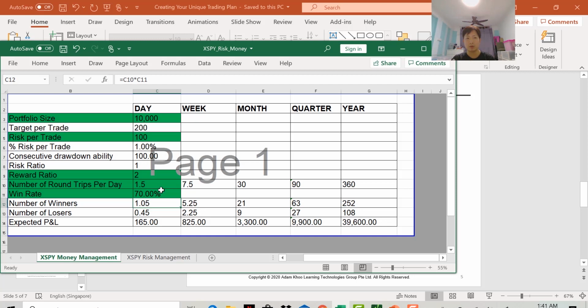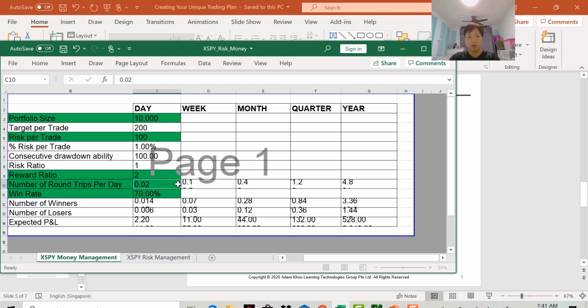I used to look at this when I'm doing my own trading. These are the parameters that I use even for investment, right? Let's say you're investing in 4 stocks a year. For example, let's say I'm just going to put 0.02. You can only change the parameter.